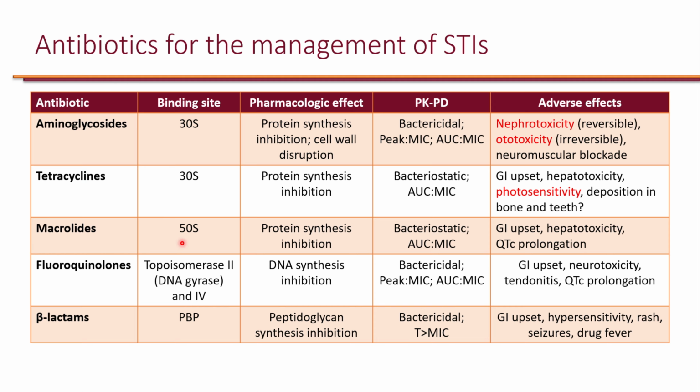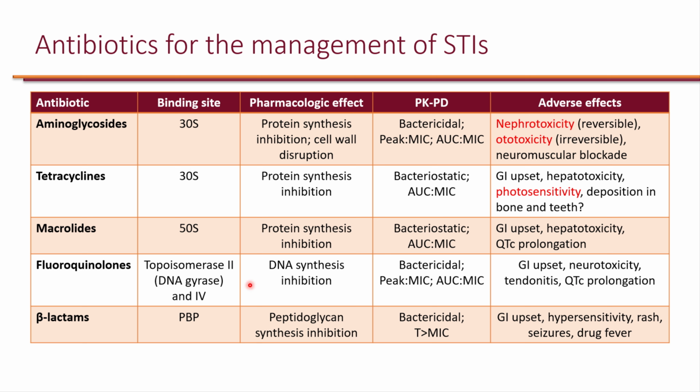Macrolides, specifically azithromycin, have been used for some of the STIs. The macrolides bind to the 50S subunit, and they inhibit protein synthesis. And of course, with macrolides, QTc prolongation is a concern. The same with fluoroquinolones.